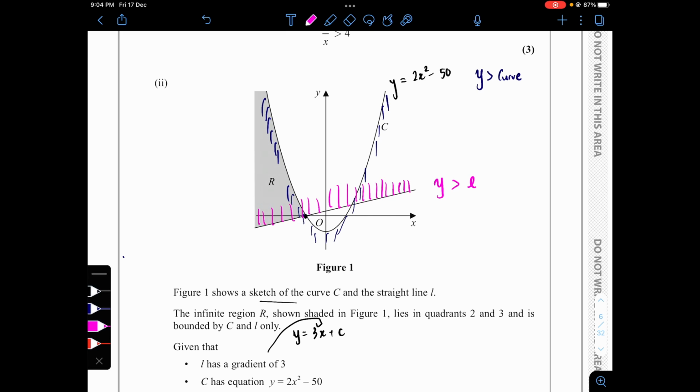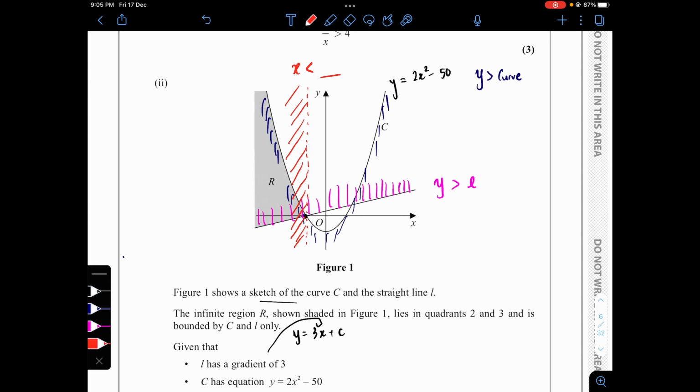We also know the values are bounded by this imaginary line, which is probably an x equals value because it's vertical. So we want these values, which are less than this value. So this is x is less than a number.